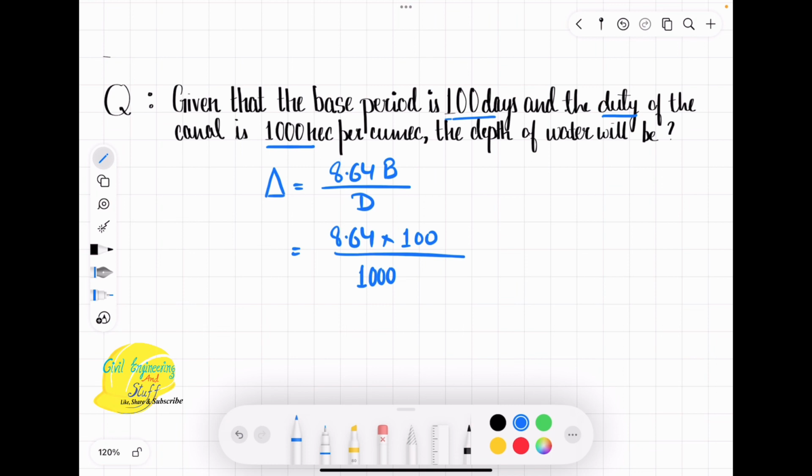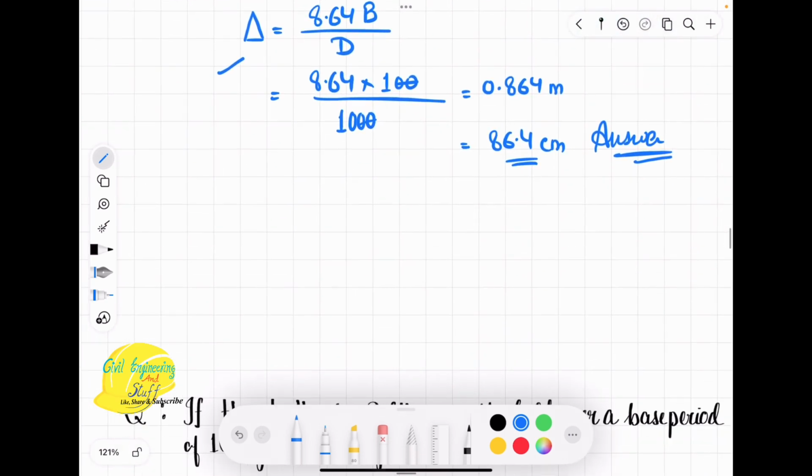So solving it, the value comes out to be 0.864 meters, or 86.4 centimeter. Clear? So this is the answer. This is the depth of water that will be there. Just the twist of words. Moving to the next question.